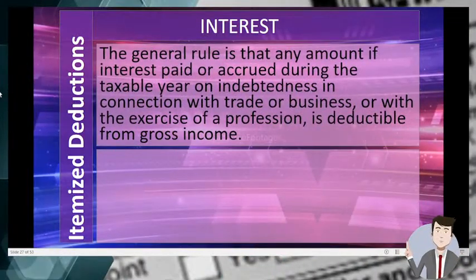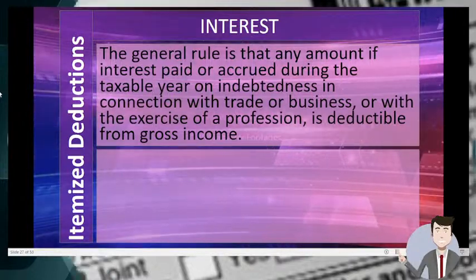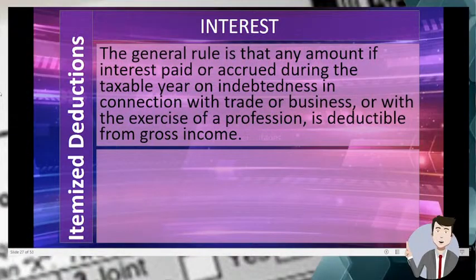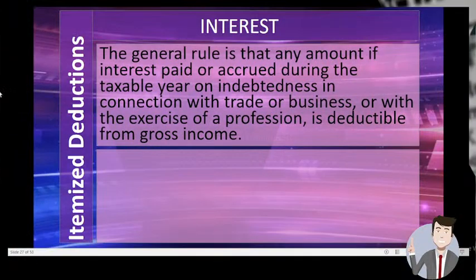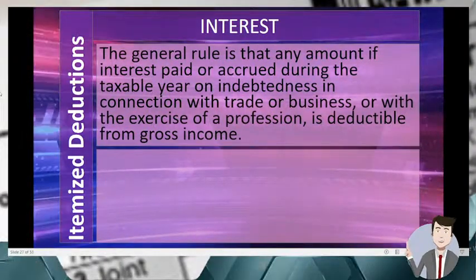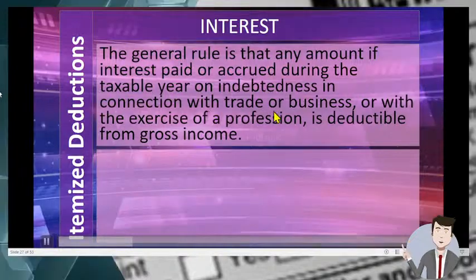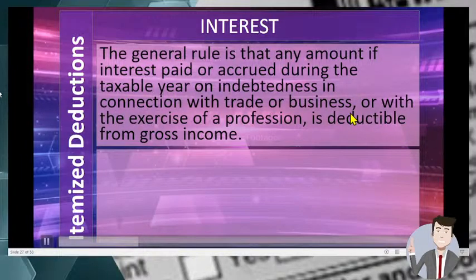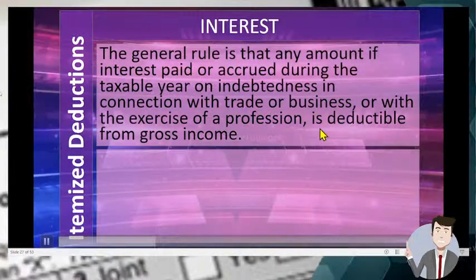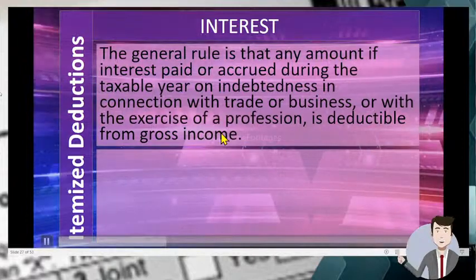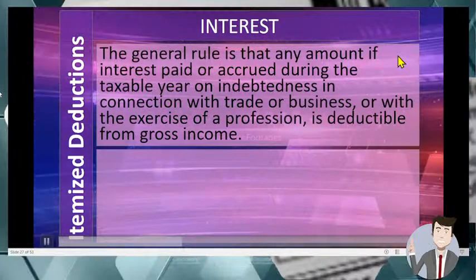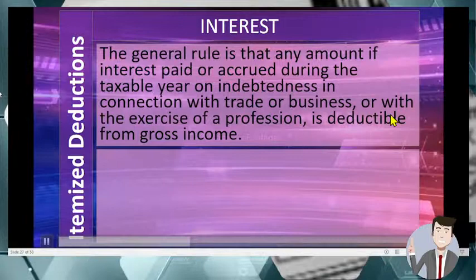So interest, the general rule is that any amount of interest paid or accrued during the taxable year on the indebtedness in connection with the trade or business or with the exercise of profession is deductible from gross income, according to the definition provided by the law.